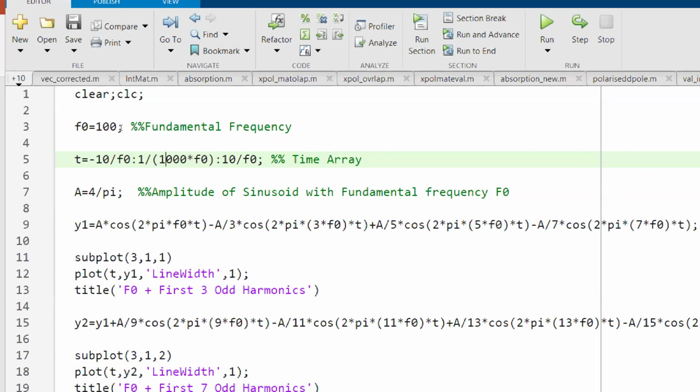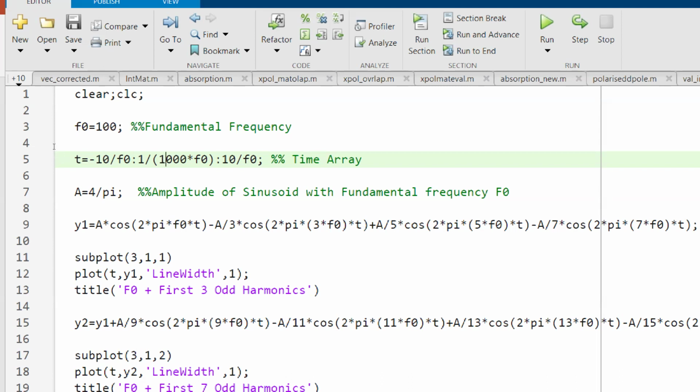Its visibility will be very clear. You can even make it T naught divided by 100, and we will still see the plot properly, but you cannot make it too large, so we have to choose this factor appropriately.